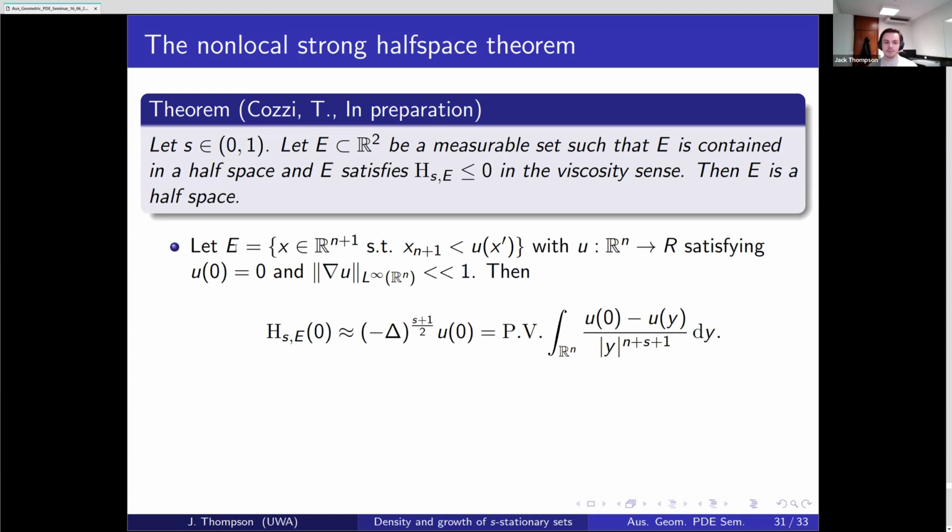If I have a graph, if my E is a subgraph, and okay, let's say it's centered at 0, and the gradient of the graph in L infinity is very small, well, then the s-mean curvature of E at 0 is well approximated by the fractional Laplacian of this order, which is given by this integral operator.